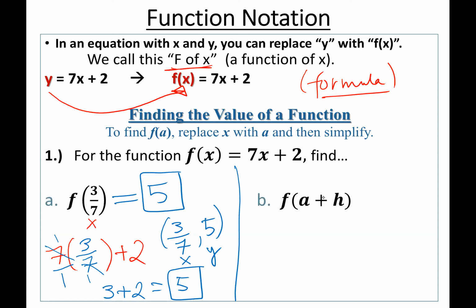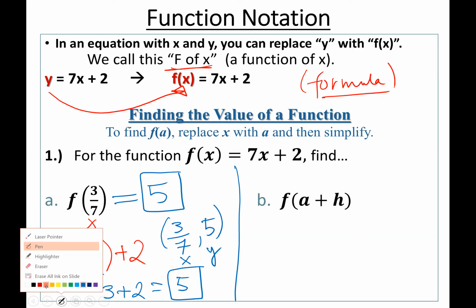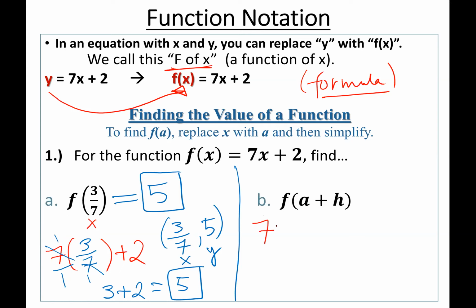This is obviously different. We're plugging in variables rather than numbers, so that maybe seems a little strange, but it's still the same idea. So here's my formula, 7x plus 2. I'm replacing x with a plus h.